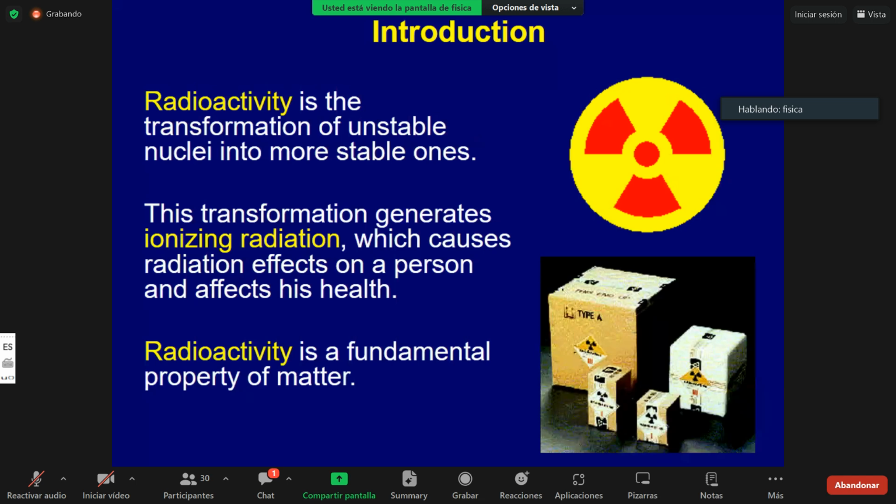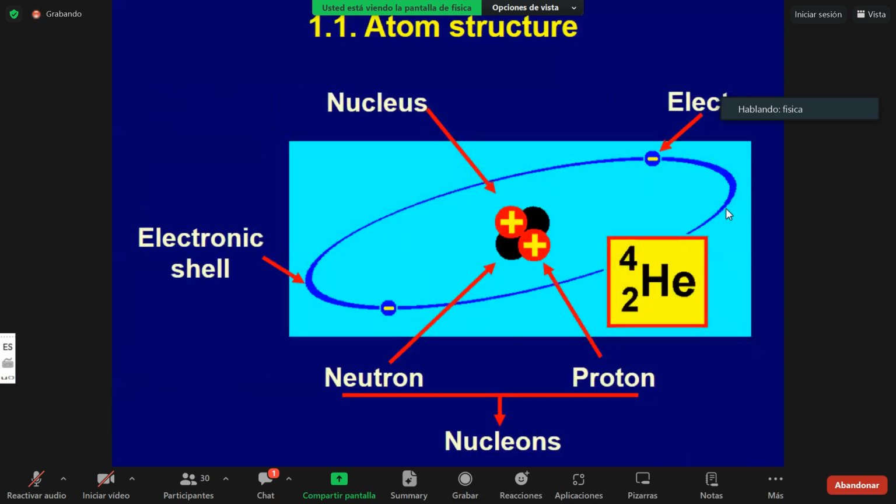Then these changes lead to ionization and excitation of atoms and nucleus. The primary radiation effects of the interaction of radiation with biological tissue initiate subsequent biological effects, which can manifest themselves in the form of various diseases, the effects of ionizing radiation.